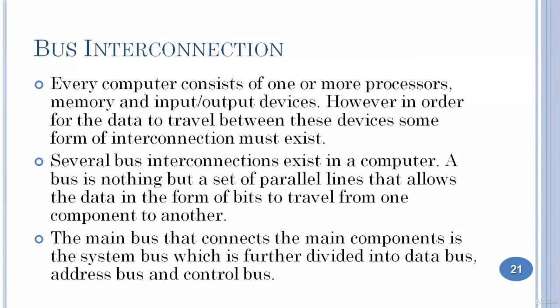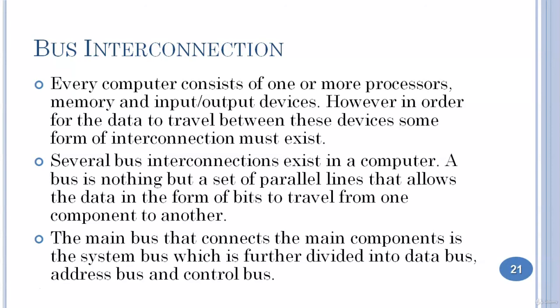Every computer consists of one or more processors, memory and input-output devices. However, in order for the data to travel between these devices, some form of interconnection must exist. So, in order to fulfill this purpose, several bus interconnections exist in a computer.